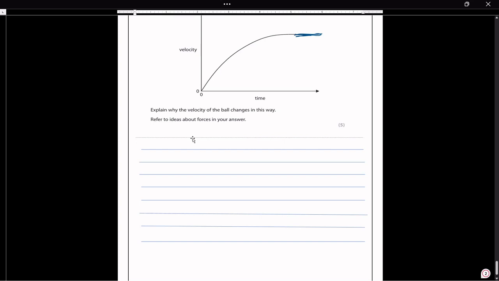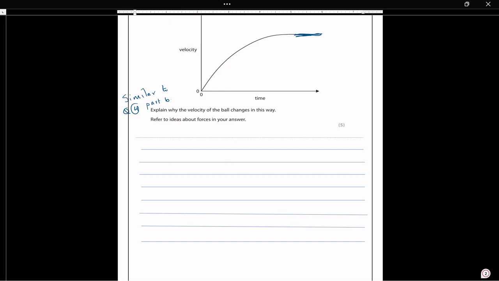It is similar to question 4 part b. We have answered a similar question, but here let us answer it again.